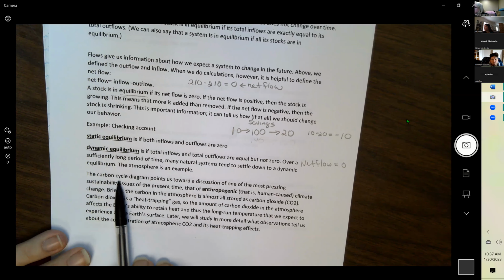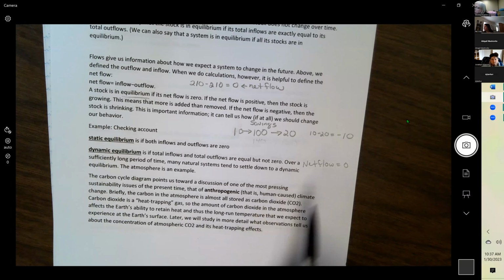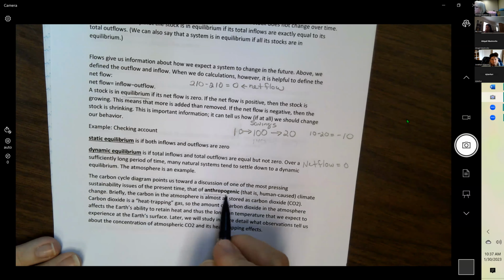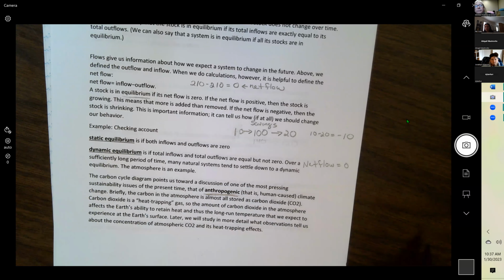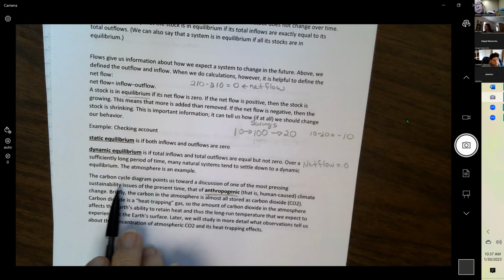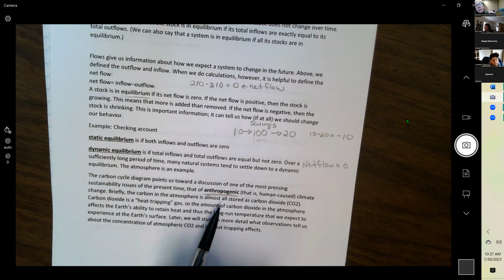The carbon cycle diagram points us toward a discussion on sustainable issues. Anthropogenic means human caused or man-made disaster. Climate change is one of them. The carbon in the atmosphere is almost all stored as carbon dioxide.